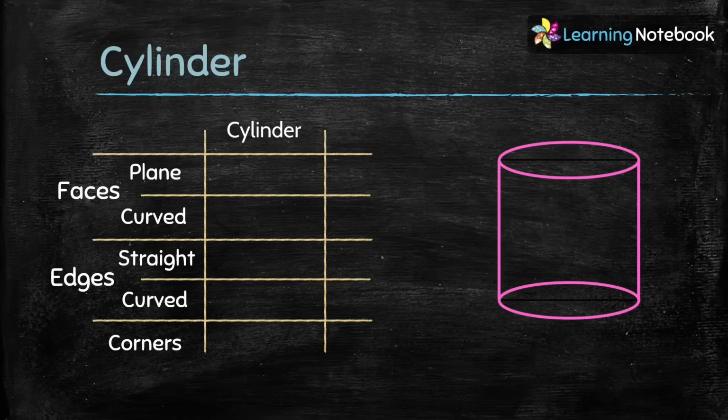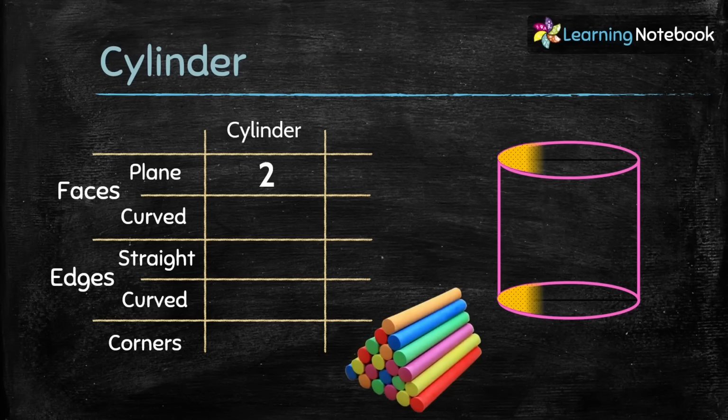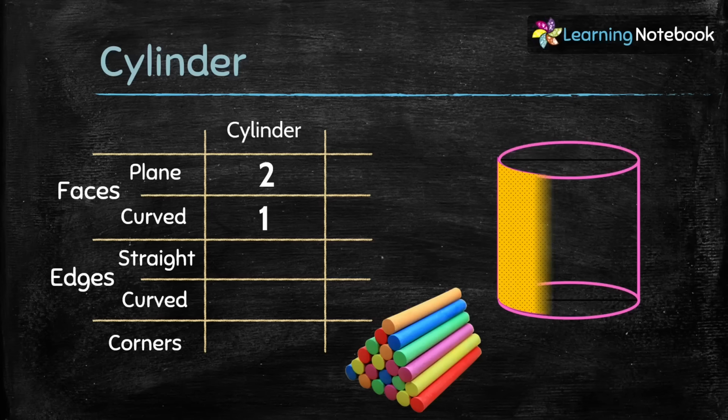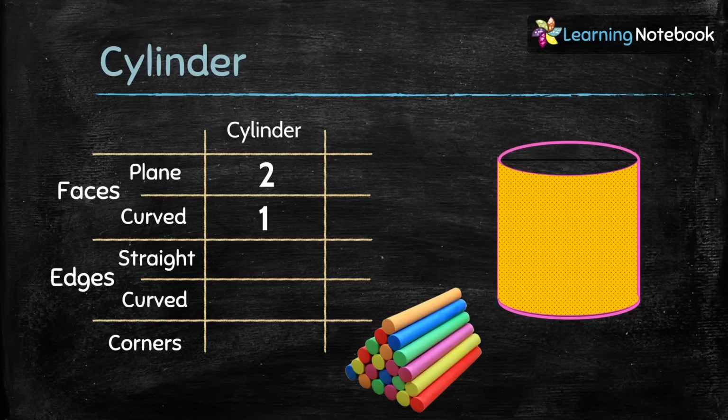Let's see the next solid shape, which is cylinder. A cylinder has 2 plane faces, one at the top and one at the bottom. And it has one curved face as shown here.